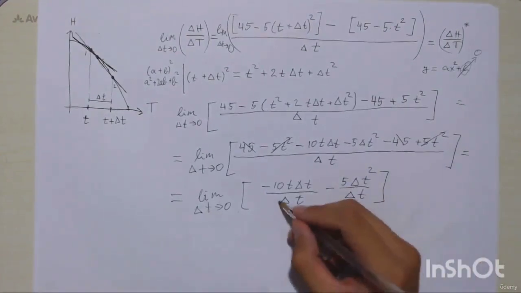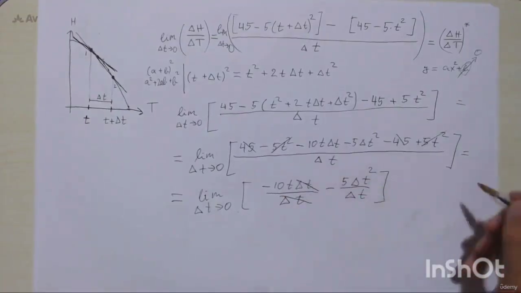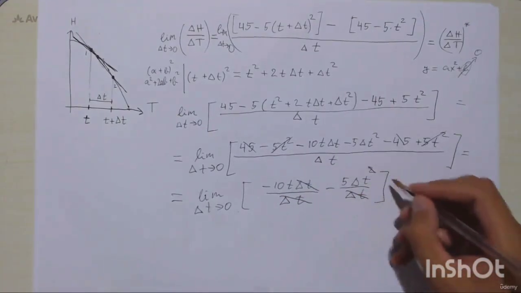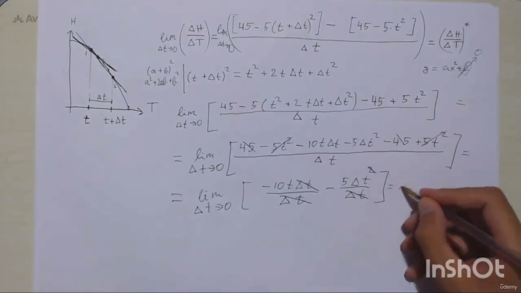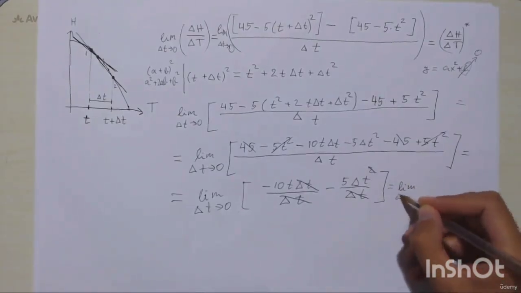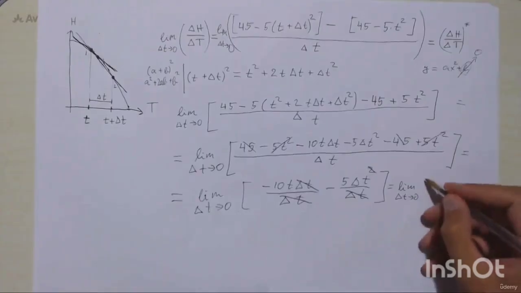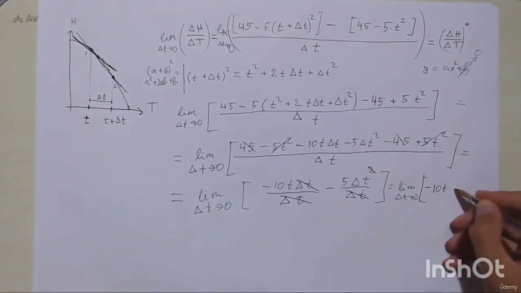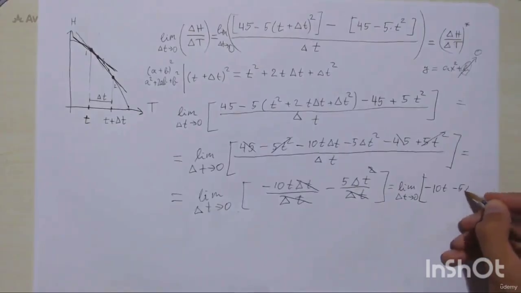Okay, so I can cancel out these, and I can cancel out this and this, and I'm left with limit as delta t approaches 0 minus 10t minus 5 delta t.